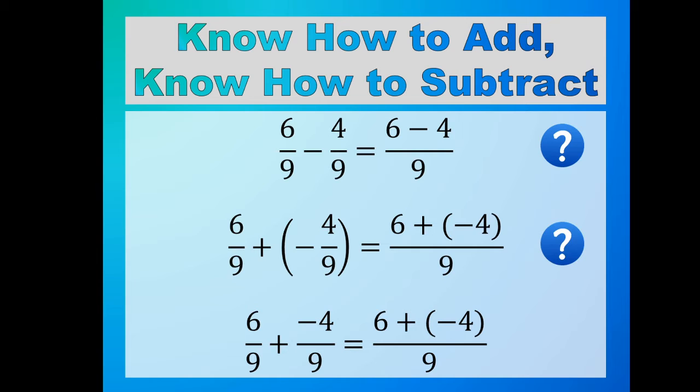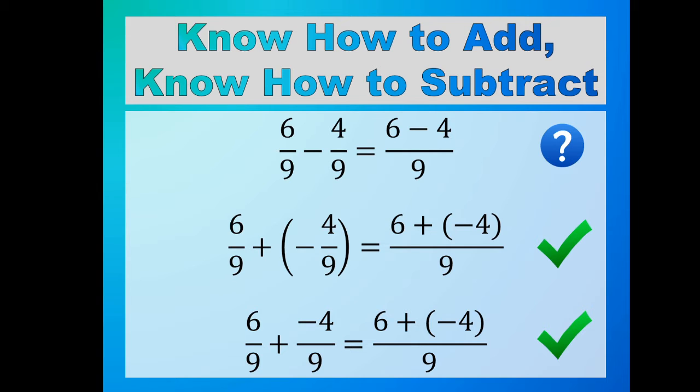But anyway, because negative divided by positive is negative, then negative 4 ninths is equal to negative 4 over 9. And yes, now we do know this is true because we're adding fractions, and we add the numerators but keep the denominators the same.